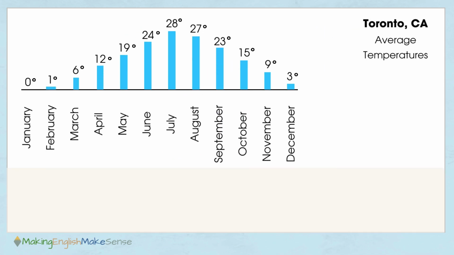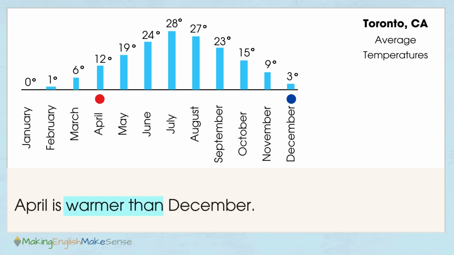Our first set or group includes all the months of the year and their average temperatures, as shown in this graph of the average monthly temperatures in Toronto, Canada. For example, the average temperature in September is 23 degrees, the average temperature in May is 19 degrees, and so on. Now, I can use a comparative adjective to compare the difference in temperature of a month to a single other month.